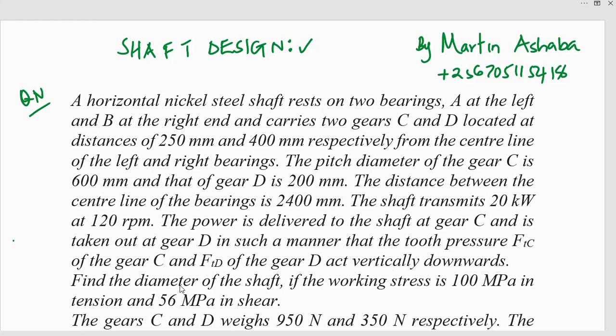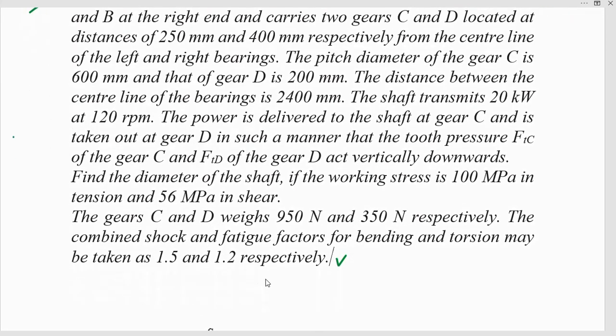Find the diameter of the shaft if the working stress is 100 megapascals in tension and 56 megapascals in shear. The gears C and D weigh 950 and 350 newtons respectively.